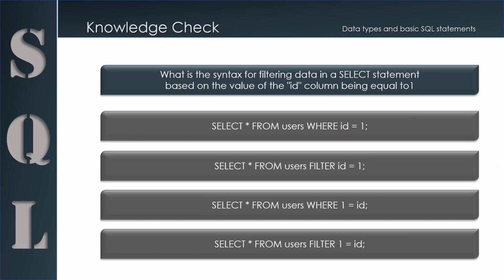What is the syntax for filtering data in a select statement based on the value of the ID column being equal to 1?